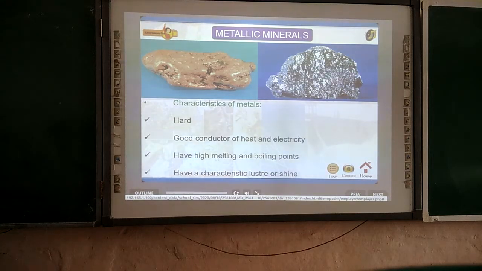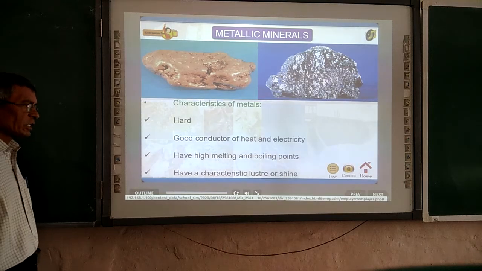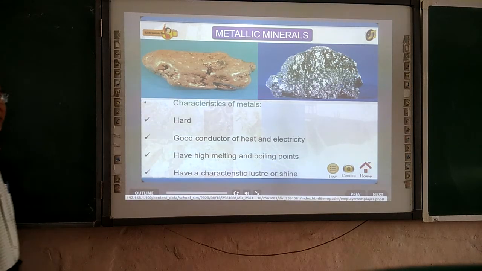These are the characteristics of metallic minerals. They are very hard, good conductors of heat and electricity, have high melting and boiling points, and a characteristic luster or shine. These metals are very hard.